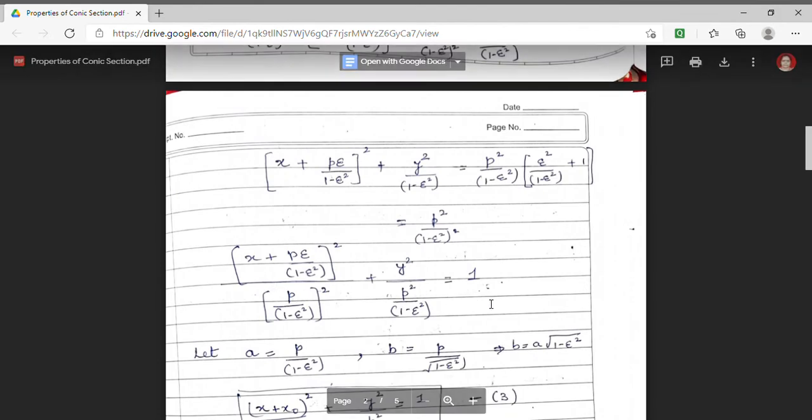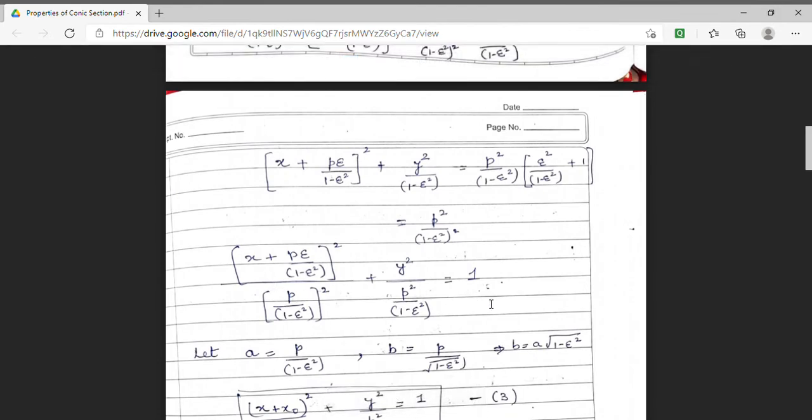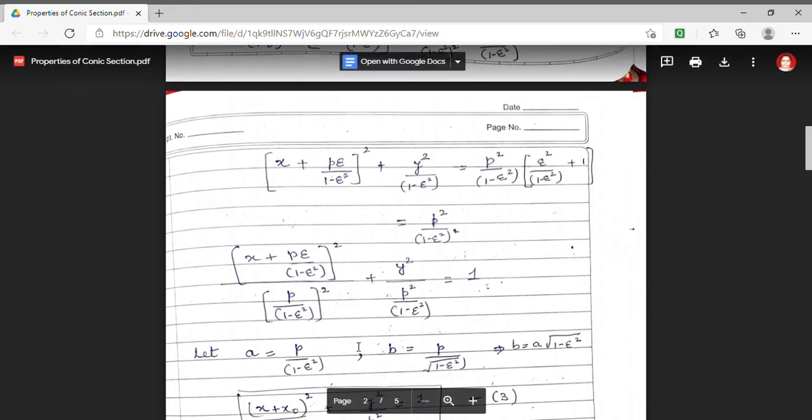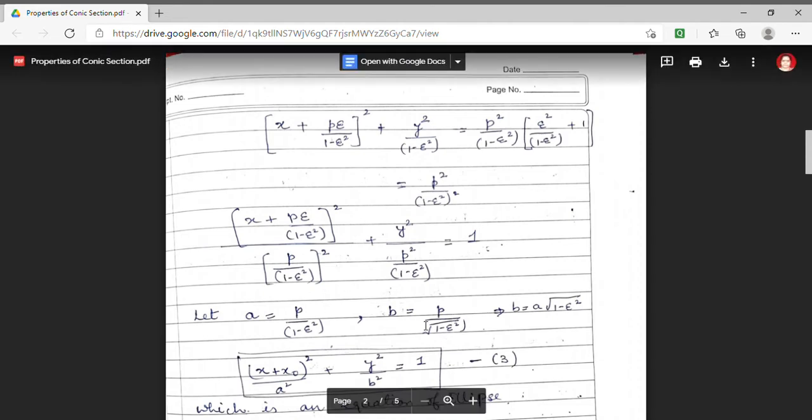In order to make it more simplified, I am substituting a as p upon 1 minus epsilon square and b as p upon under root 1 minus epsilon square. So from this we can see that the relation between a and b is b square equal to a multiplied by 1 minus epsilon square. These are the semi-major and semi-minor axes.